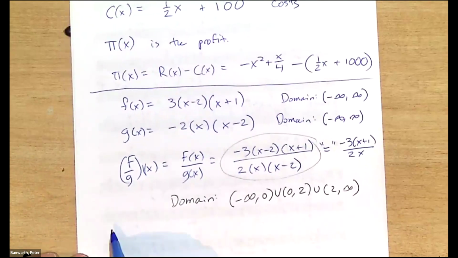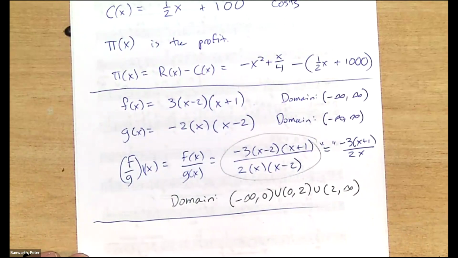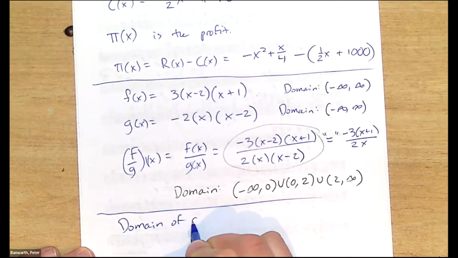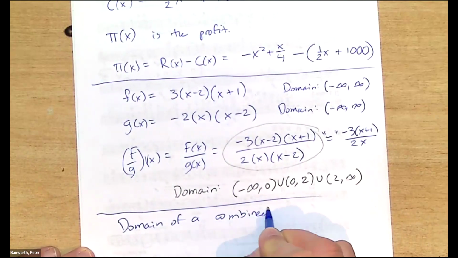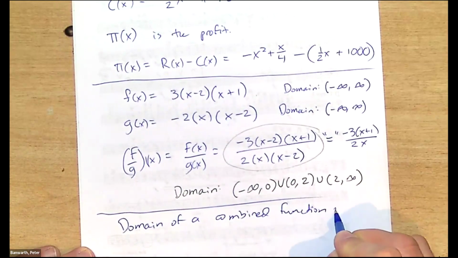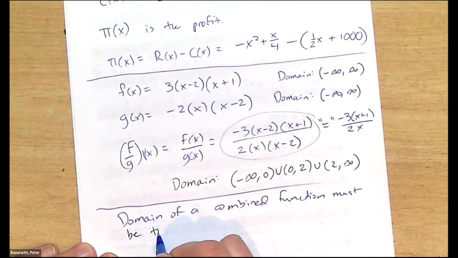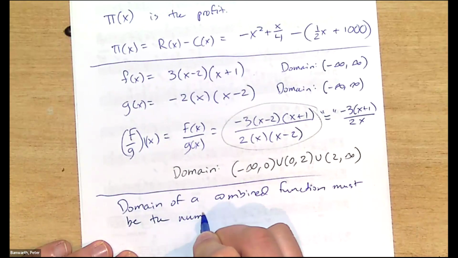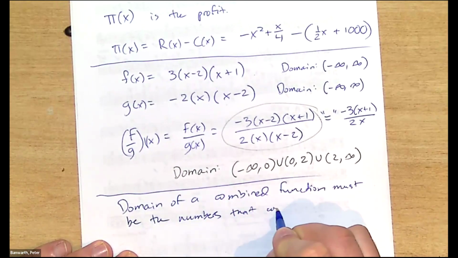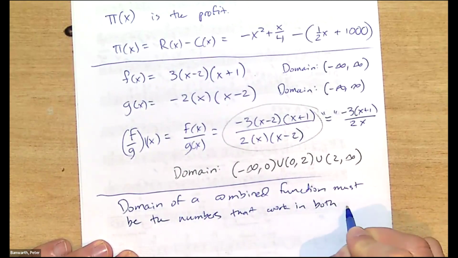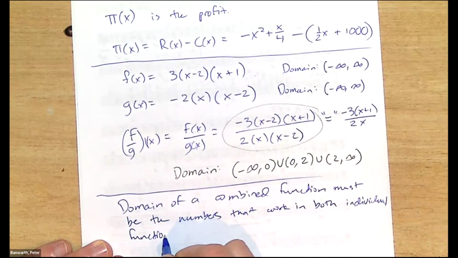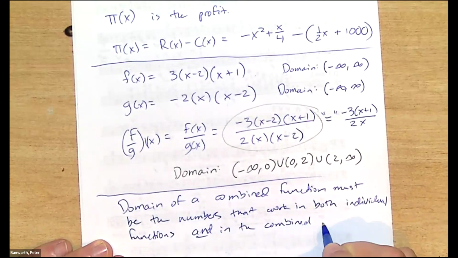Because the domain of a combined function, whether it's function algebra or composition, must be the numbers that work in both individual functions and in the combined function.